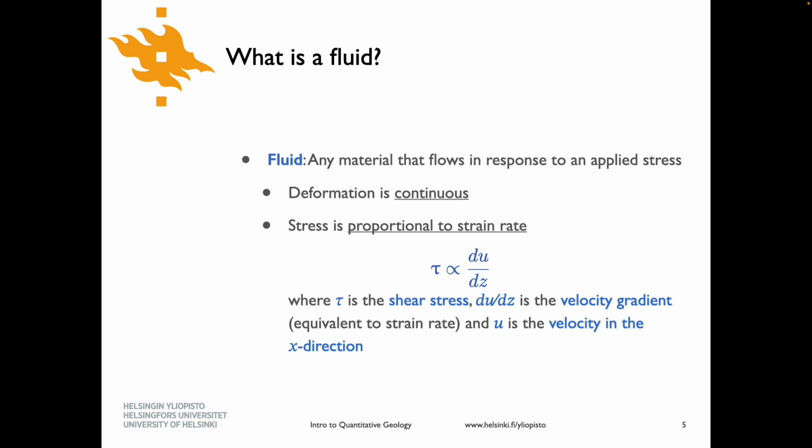But if we want to talk about viscous flow, we first have to talk about a fluid, because we are going to consider whatever this material is that's flowing to be a fluid. The definition we can give is that any material that flows in response to an applied stress would be considered a fluid. For instance, if I push on this table, the table doesn't move, at least not in any appreciable way, because it's not behaving like a fluid.